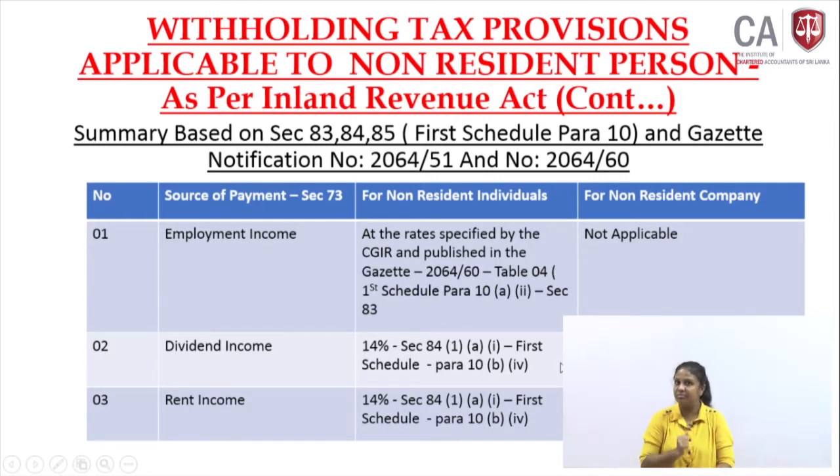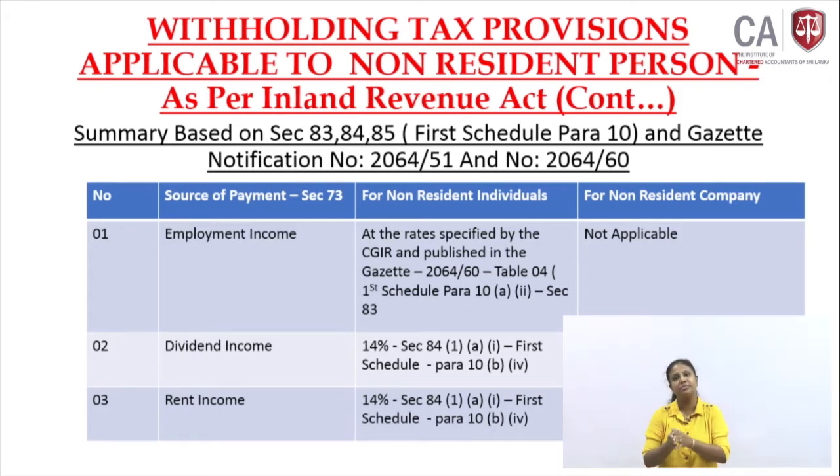But keep in mind all these, now the withholding tax rates are there, but when coming to writing an answer, you have to apply section 88 also. You have to think whether, okay, this is a final withholding payment or not.